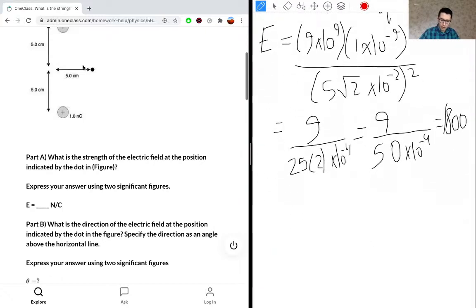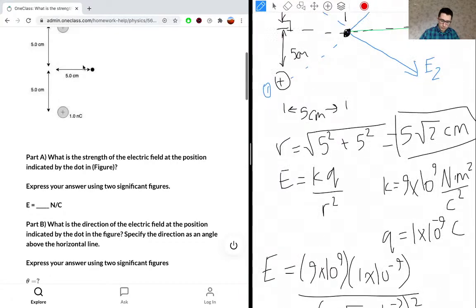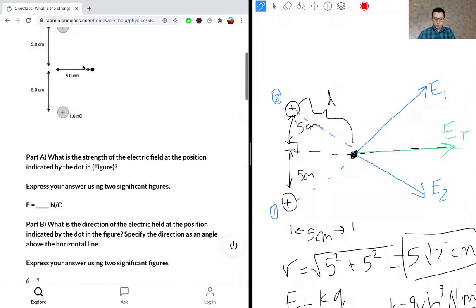Okay, so let's just go back up to the diagram. We can recognize that this triangle over here is one of the special triangles, and we know that the angles here and here are 45 degrees.